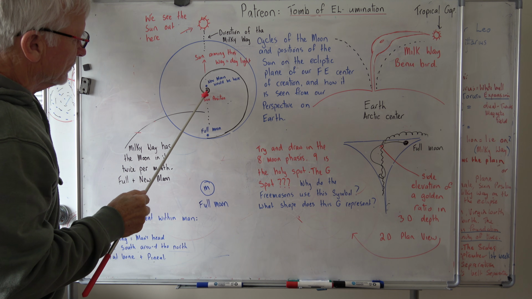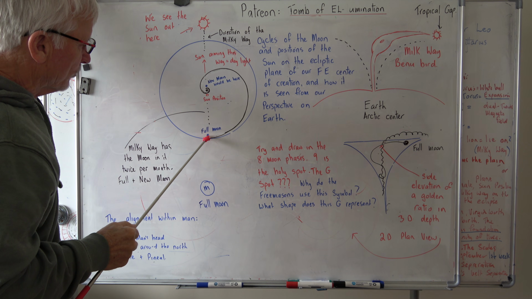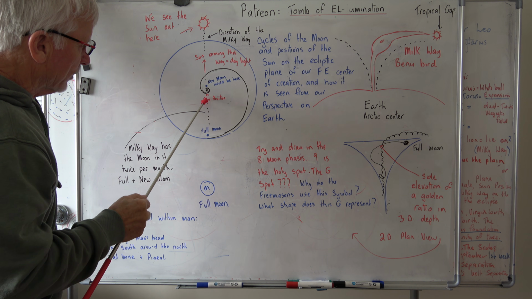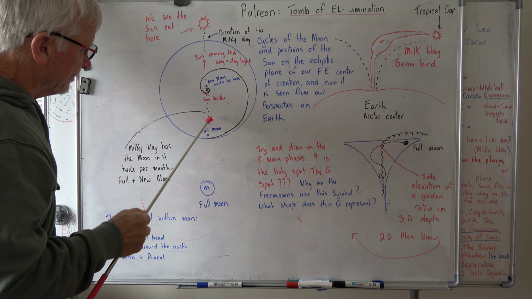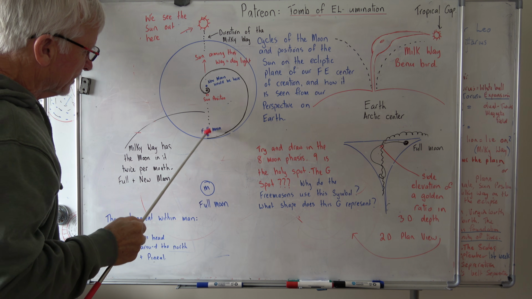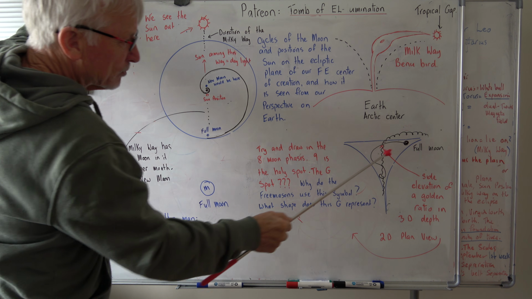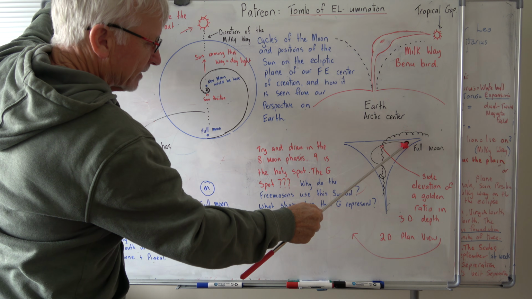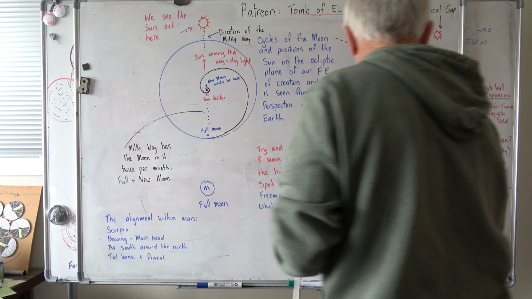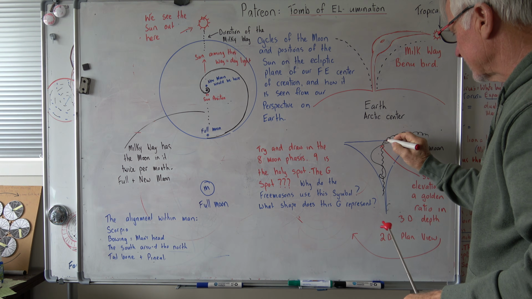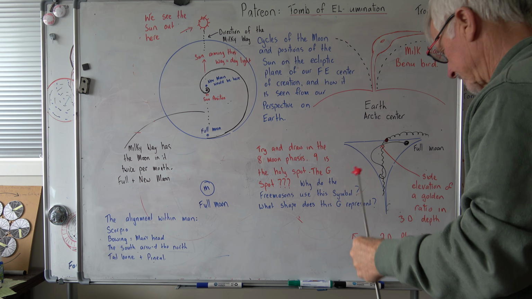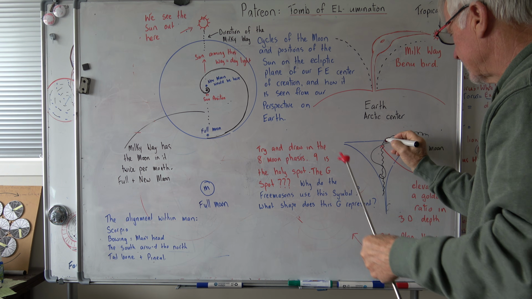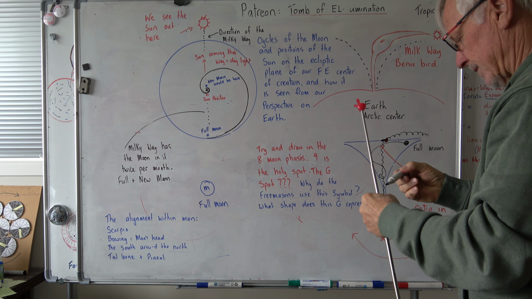The sun's right on the horizon of the black hole, so the full moon would be out here, fully behind the sun, and it's all in the Milky Way at the same time, okay. So this full moon is represented in here, out here, back at creation. The sun is here, would be there, and the black hole would be in front of it. That's why we never see the black hole.